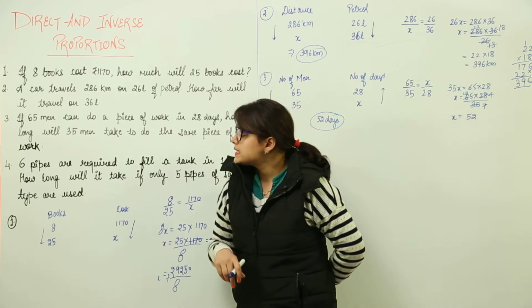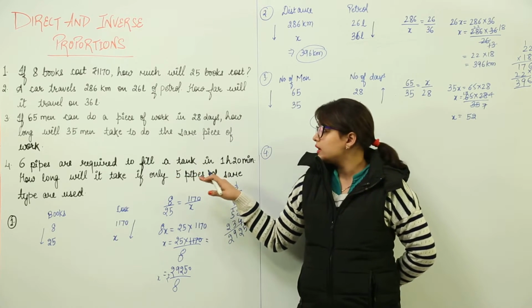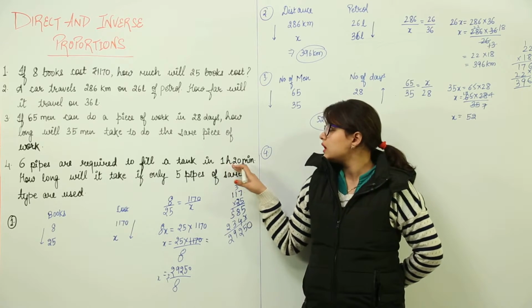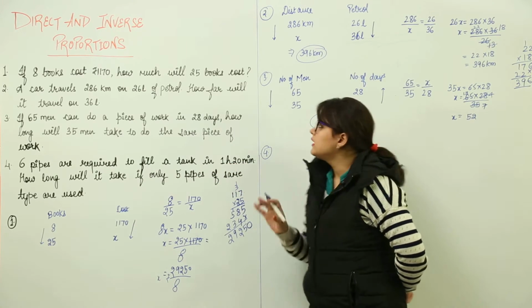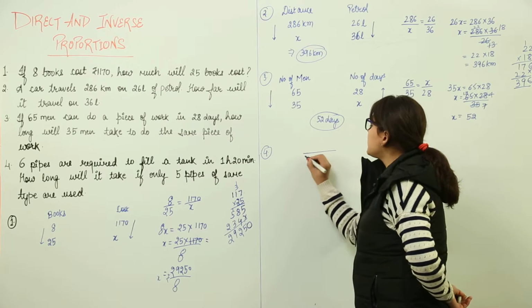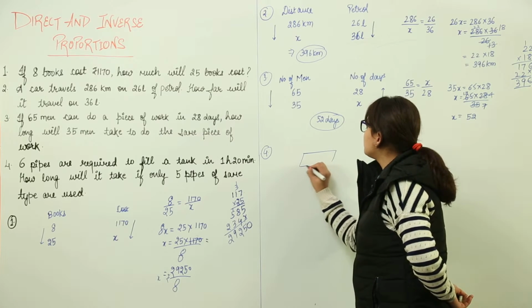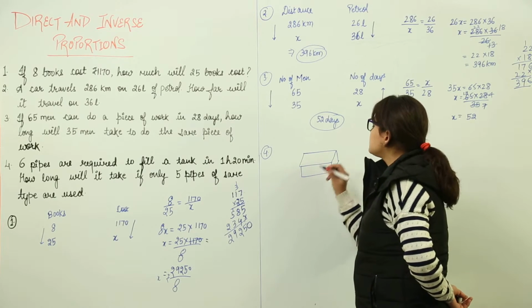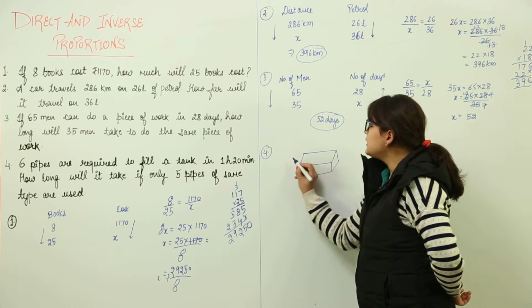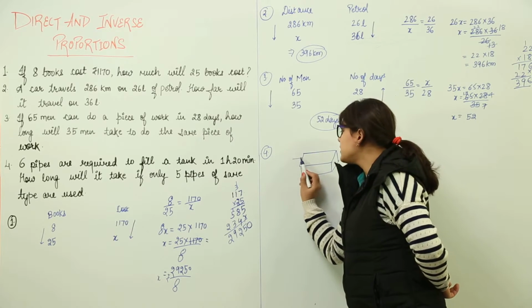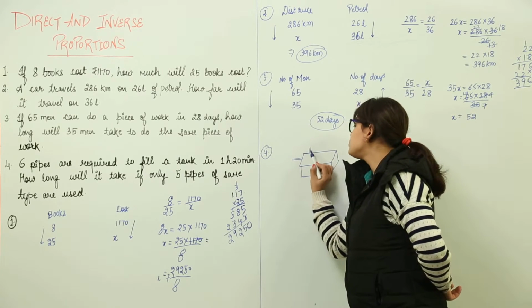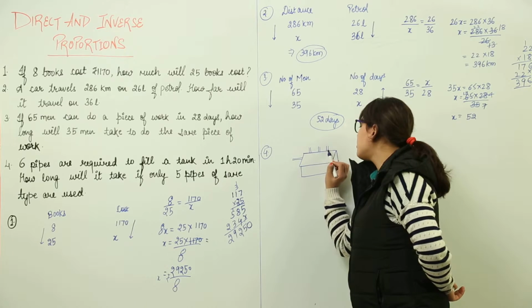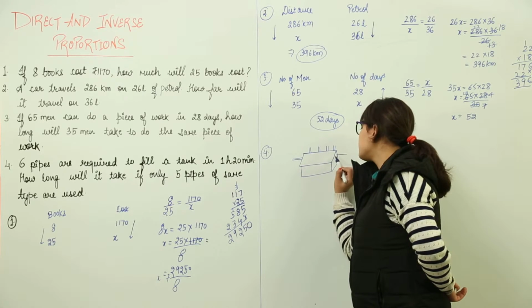Similarly, let us discuss the fourth question. The fourth question says 6 pipes are required to fill a tank in 1 hour 20 minutes. I am going to draw it because it might sound a little typical to you. See, consider this to be a tank. This is a rectangular tank that I have made. It has 6 pipes. I am making the 6 pipes: 1, 2, 3, 4, 5 and the 6th pipe.